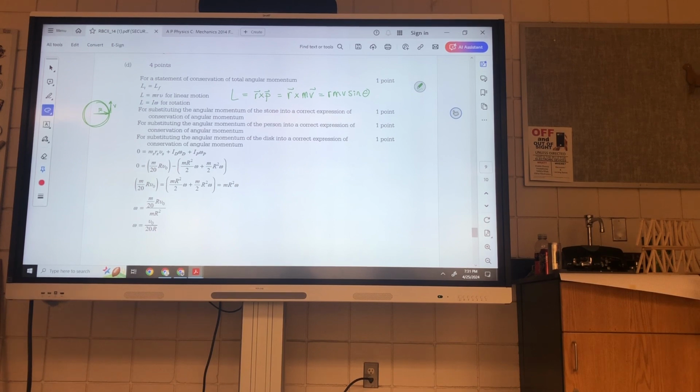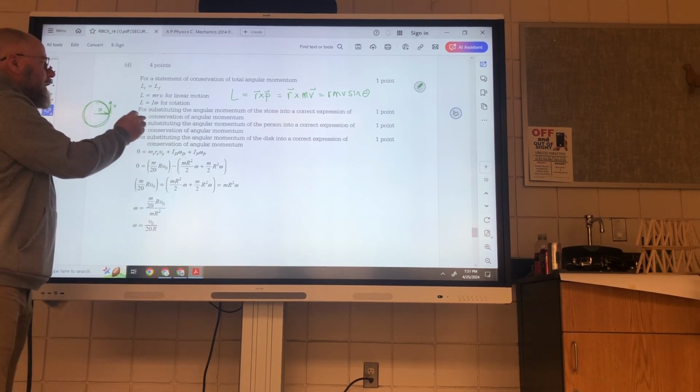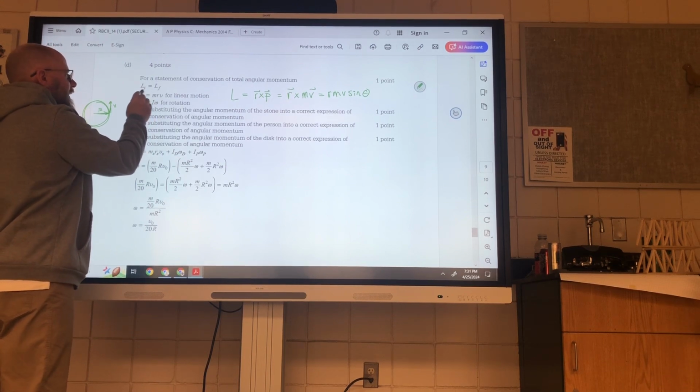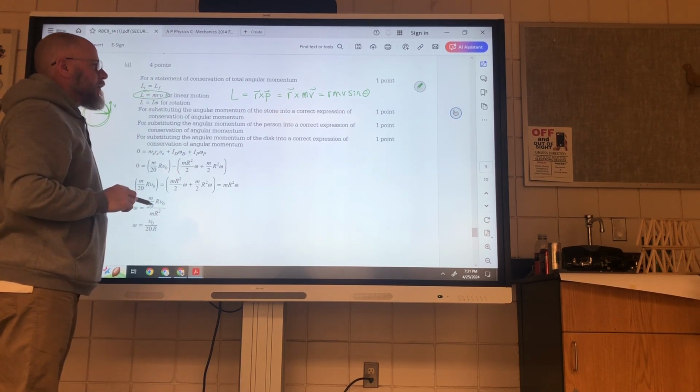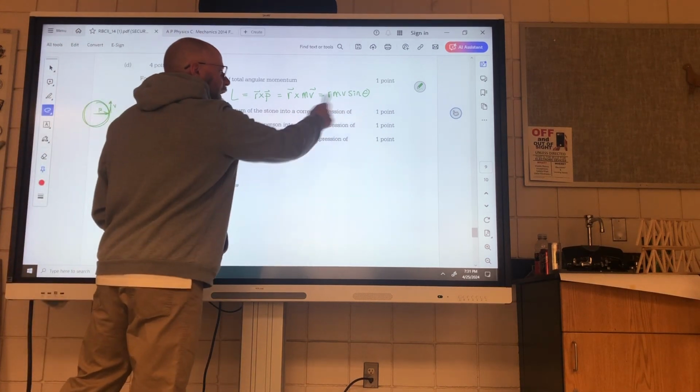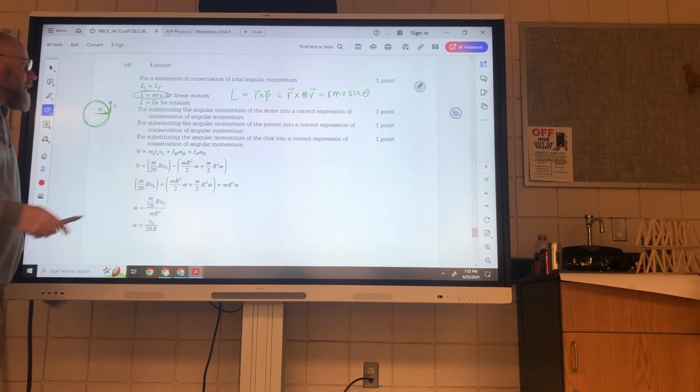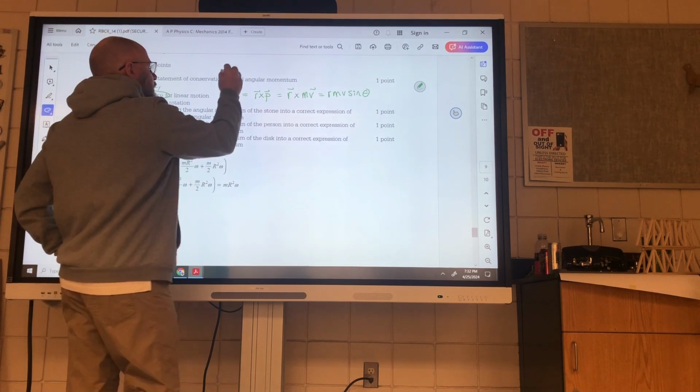Because there's 90 degrees, they say L is equal to m r v. It is equal to m r v, but that's not necessarily obvious, and because it's a point particle, we're going to use that. But what about the whole disk? The disk is a rigid object that's free to rotate. So how do we say the angular momentum for a rigid object?